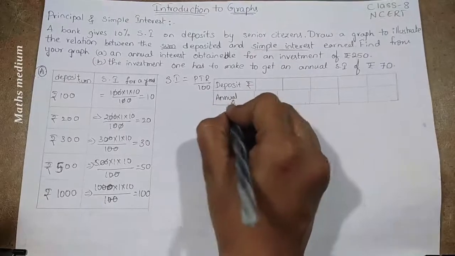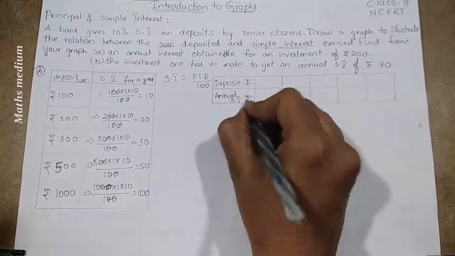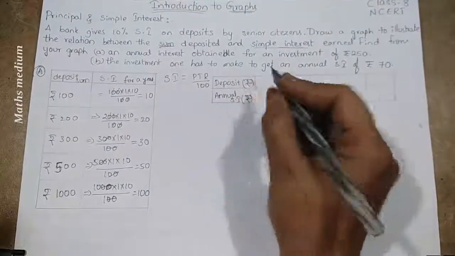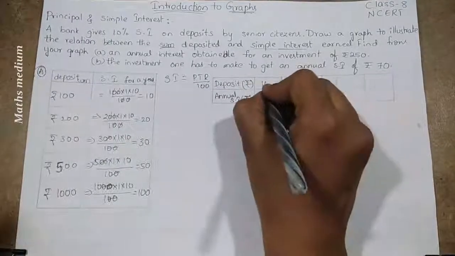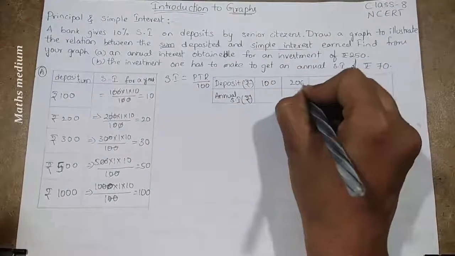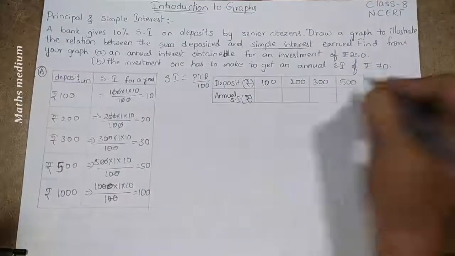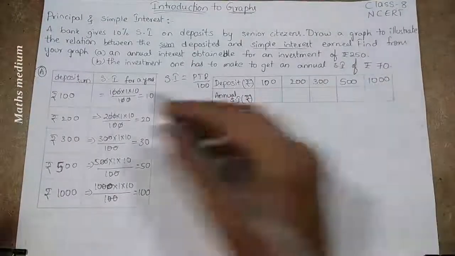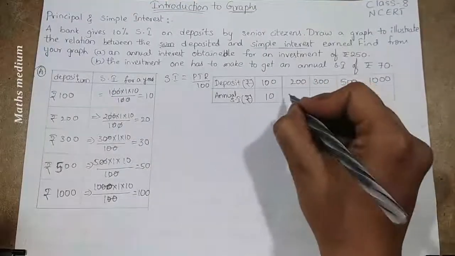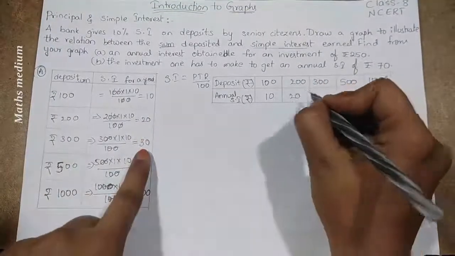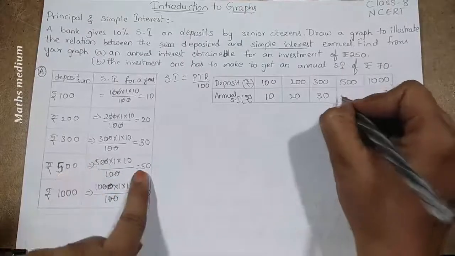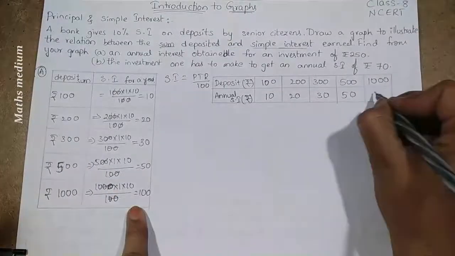So annual SI in rupees. Now for 100, 200, 300, 500, finally 1000, we got simple interest like 10, 20, 30, 50, 100.